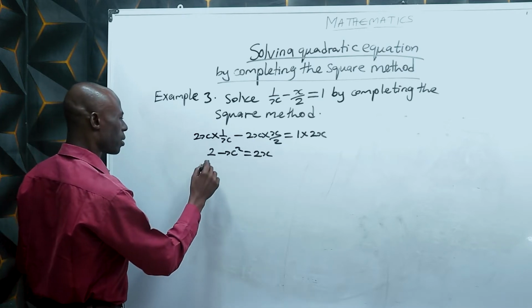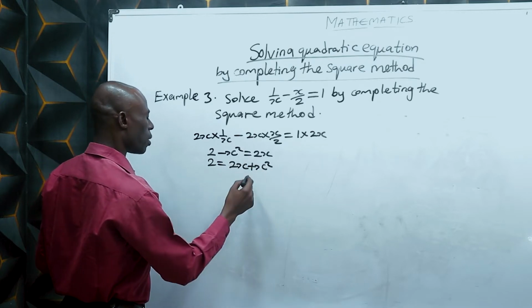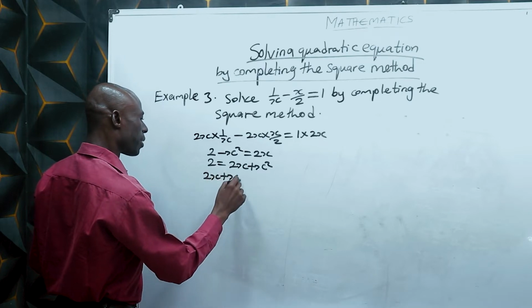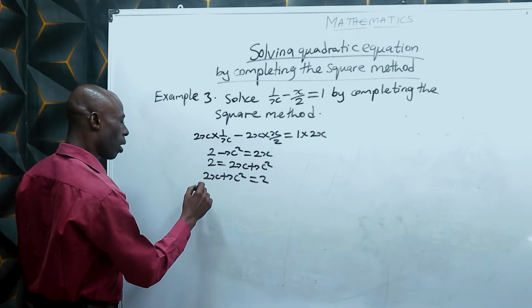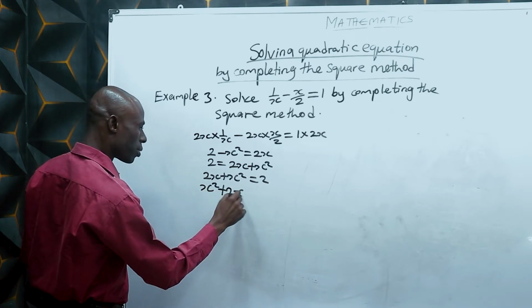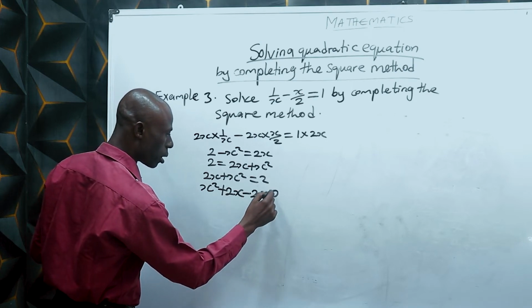Now reorganize. 2 equals 2x plus x squared. So you can have 2x plus x squared equals 2. Bringing these two to this side, you have x squared plus 2x, and bringing these two down here, minus 2 equals 0.